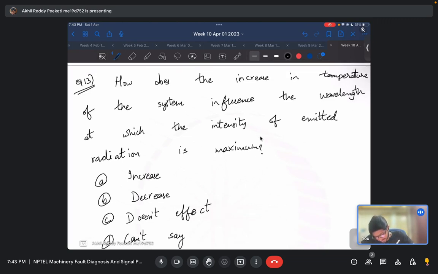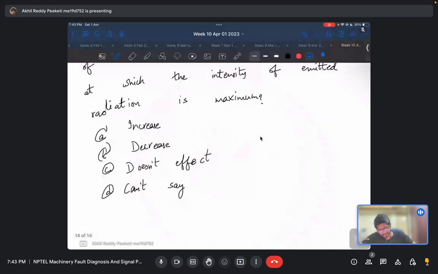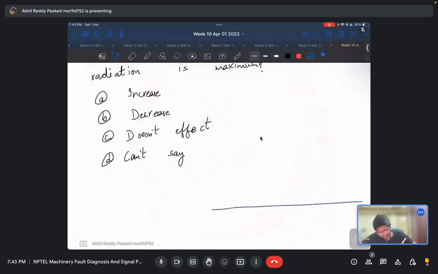How does the increase in temperature of the system influence the wavelength at which the intensity of emitted radiation is maximum? So any body which is radiating heat or radiating energy, as a function of lambda, the energy emitted from that system would be something like this. So this is energy as a function of lambda.